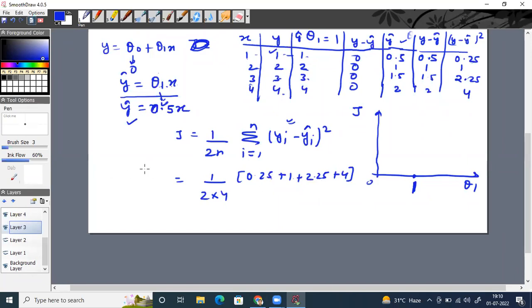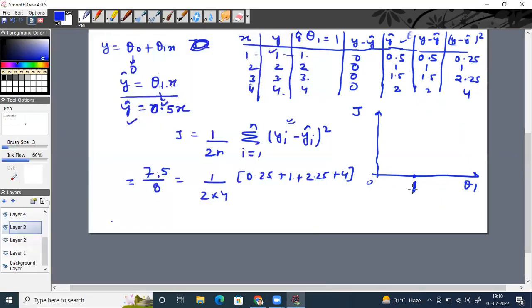So I get the value to be 7.5 upon 8, right, everyone? So we can compute this value. Quickly calculate if you have a calculator, or we can do a rough approximation as well. It will be around 0.935 something, 0.937. Okay, 0.937.